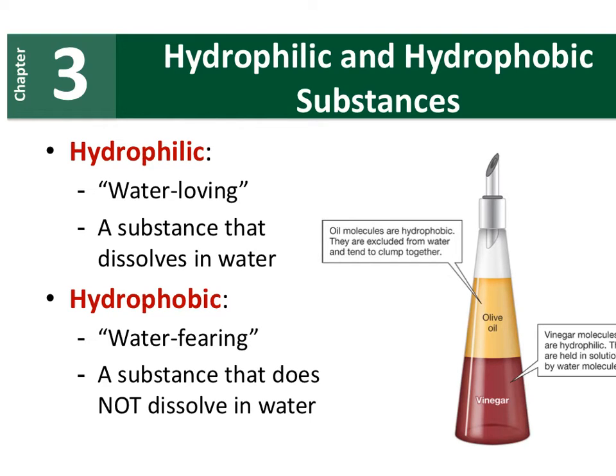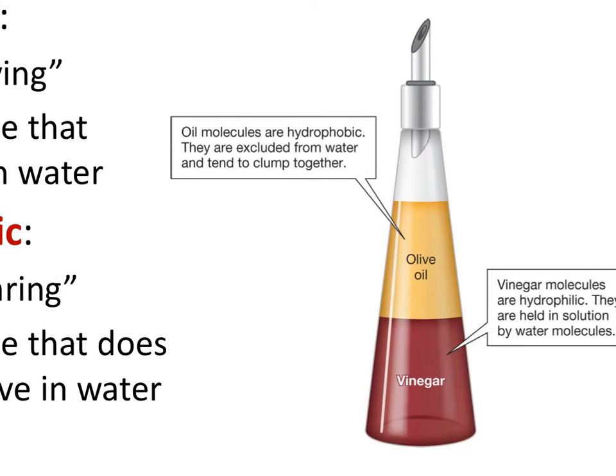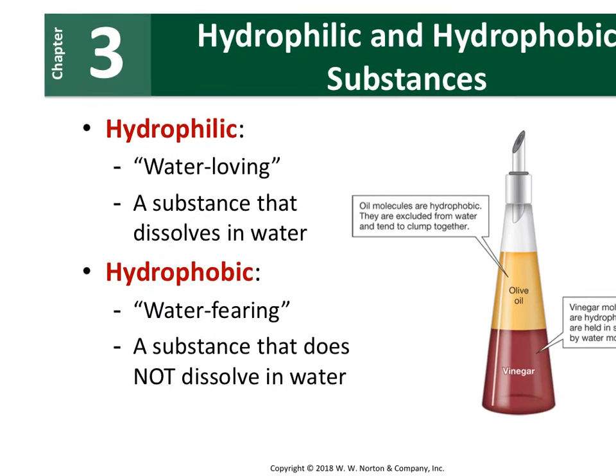So the vinegar and oil in dressing has one part that's hydrophilic and the other part that's hydrophobic. Oil, lipids, fats, those kinds of things are always hydrophobic. And they're going to play an important role later when we look at how cells are put together.